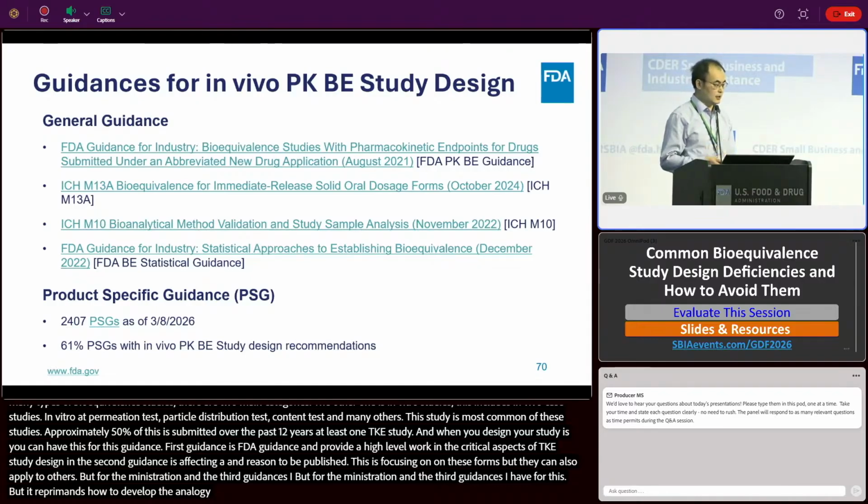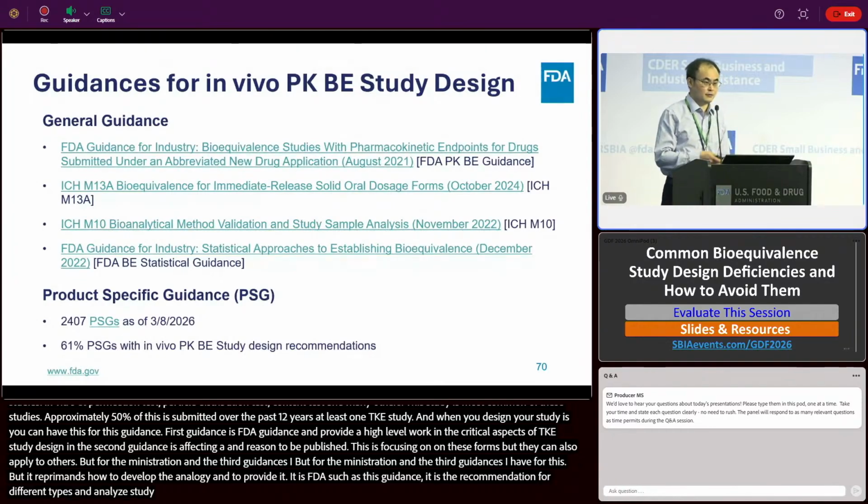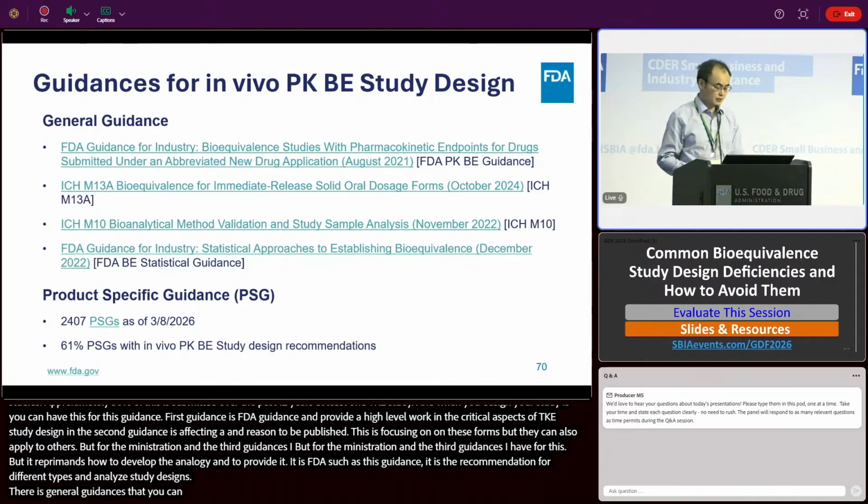It includes high-level detailed recommendations for different types of in vivo BE study, and how to statistically analyze in vivo PK-BE study designs. It also includes other statistical methods for other types of BE study designs. In addition to these general guidances, you can also refer to product-specific guidance for your specific product.